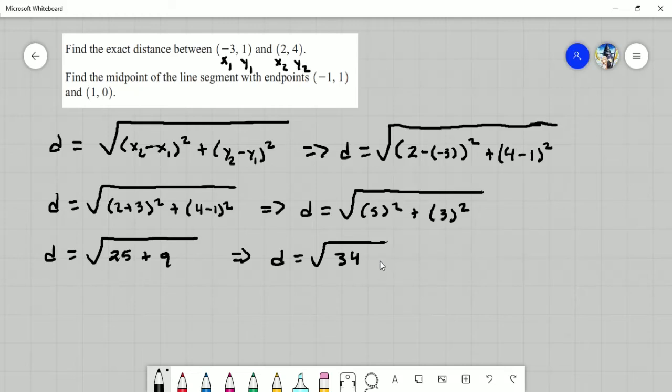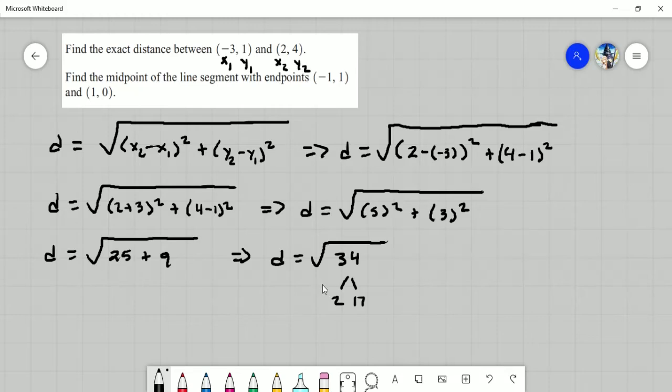Now we can't take the square root of 34. It's not a perfect square, but let's see if we can simplify this radical. So I need the factors of 34. That is 2 and 17. 2 is already prime, 17 is prime, and neither of those are perfect squares.